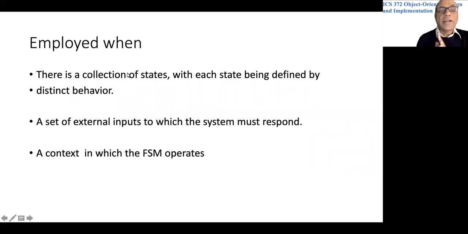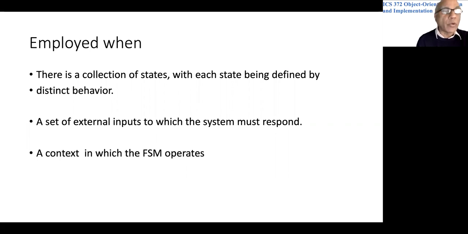So we have a situation where we have a number of states as in the microwave, and each state has distinct behavior. And we have a number of external inputs, events to which the system must respond. And all these states are part of the same application. So they have the same context.